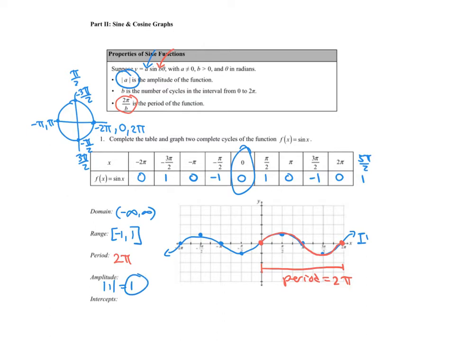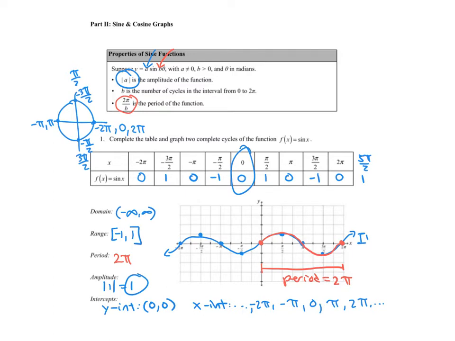And the intercepts of this function, well, let's talk about the y-intercept first. The y-intercept, it goes through the origin, 0, 0. The x-intercepts, well, there's lots of them. We have negative 2 pi, negative pi, 0, pi, 2 pi, and that pattern would keep going in both directions.